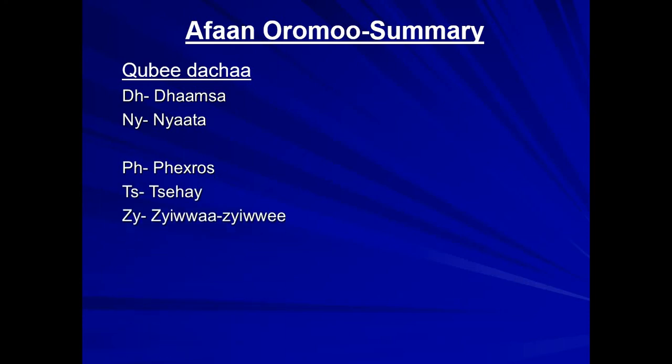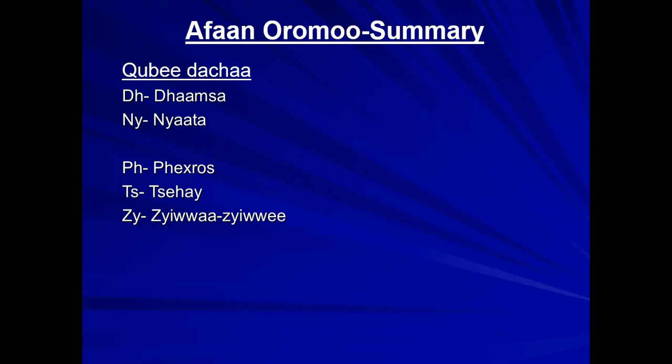But we have more in Qubee Dachas. We have seen the compound alphabets. There are four or five of them that you also have to remember and practice. The first one is dha: amsa, dada, dedi, ira, dera.